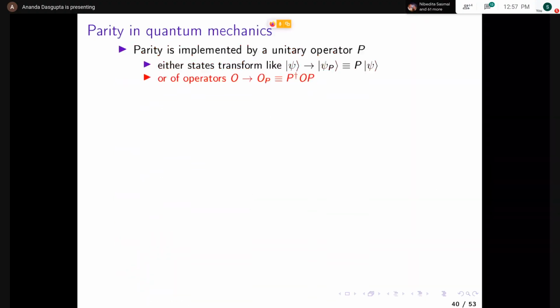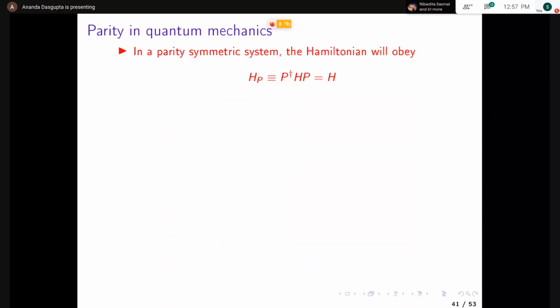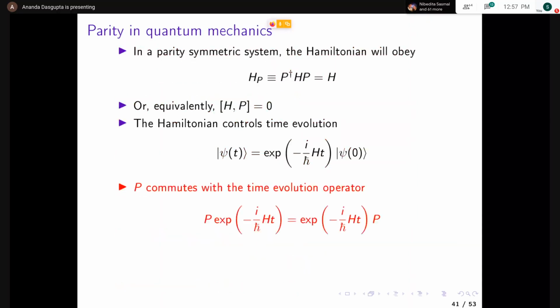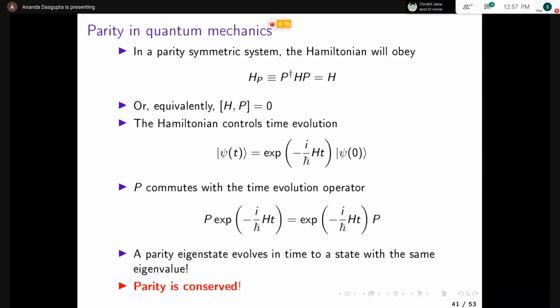But let me just quickly skip this. This is just the only bit of non-trivial maths that we had. The basic idea was there is something in quantum mechanics which is not there in classical mechanics. Parity has a different manifestation. It's called the parity eigenvalue, or just called parity usually.